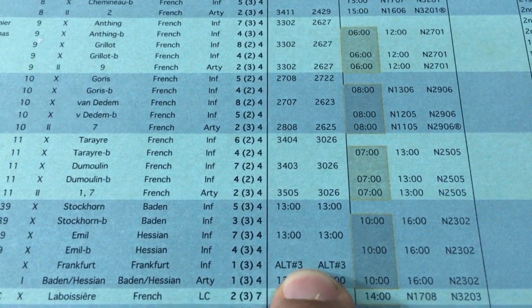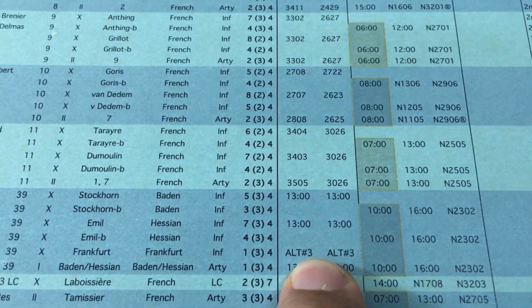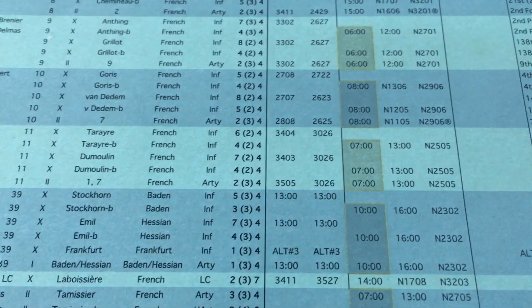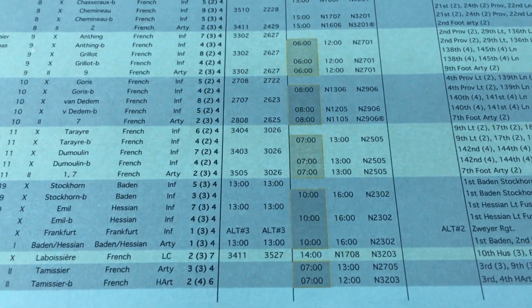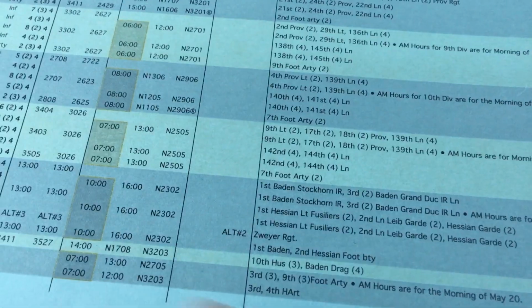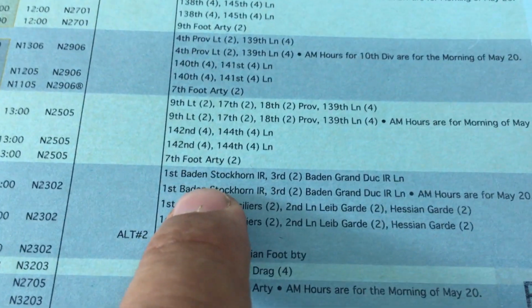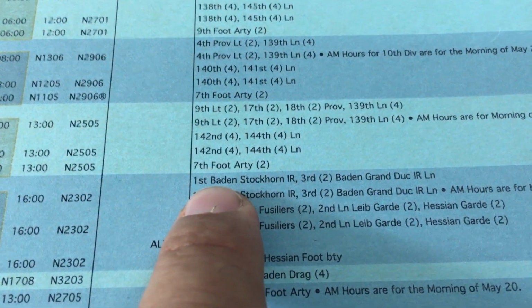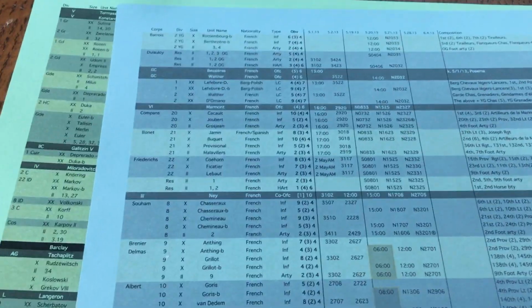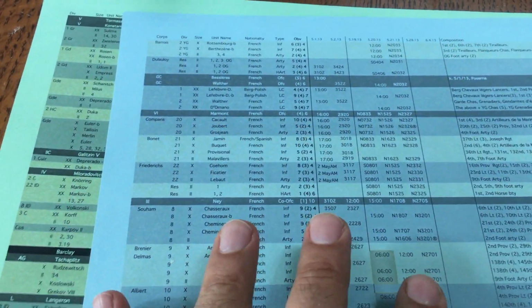So they don't set up unless the alternate reinforcement event happens. That's pretty much it. And then here they have, this is always kind of cool. My friend Aaron loves this stuff. If he wants to know who is in what unit, this is just details of that. So basically, you set up the units according to these sheets.